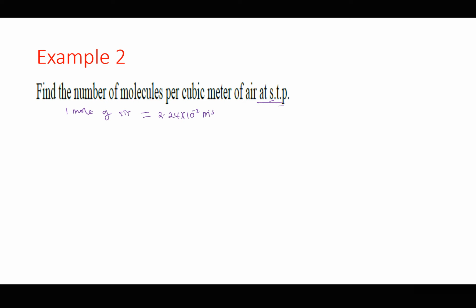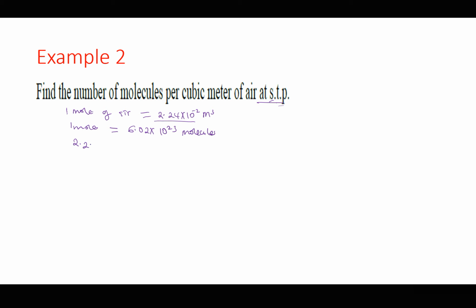That's 1 mole. But remember, 1 mole of a substance contains 6.02 times 10^23 entities. Call them molecules, call them atoms, call them whatever you want, and this is Avogadro's number. So it implies that 1 mole of air has this volume, and yet 1 mole contains this number of atoms, particles, or molecules.